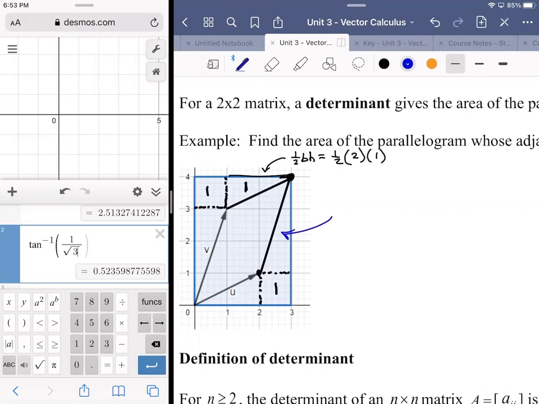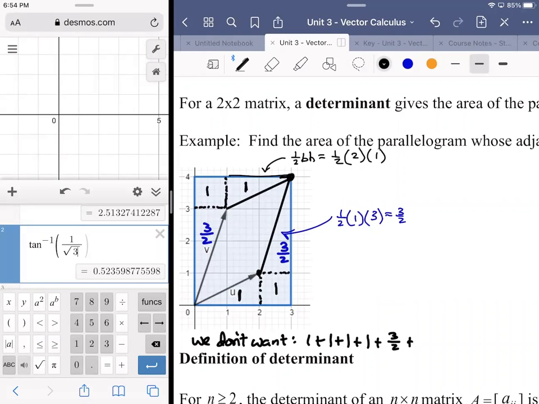Another half the base times the height over here: half the base of 1, the height of 3. We're looking at 3 halves. So this one is 3 halves, and this one has the same dimension, so also 3 halves. These 2 have the same dimension, so each of those are 1s. So the area of the things that we don't want is 1 plus 1 plus 1 plus 1 plus 3 halves plus 3 halves.